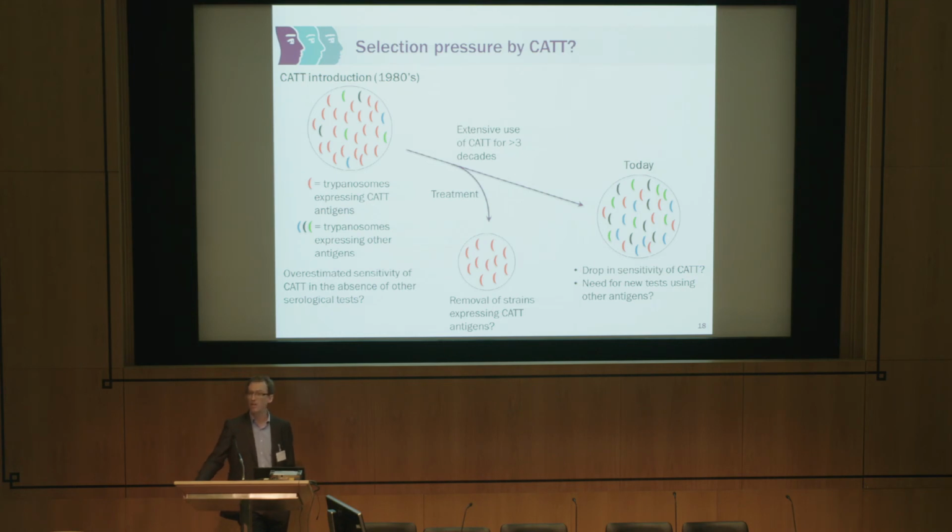And today, the frequency of trypanosomes expressing CAT antigens, or at least expressing them early during the course of an infection, might be a bit lower than a few decades ago. This would explain why today we have a lower sensitivity of CAT, and therefore, again, we may need to really think about new tests with new antigens to try to have a higher sensitivity.